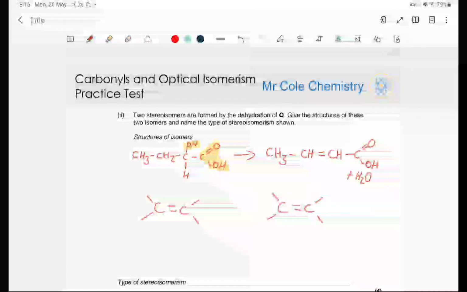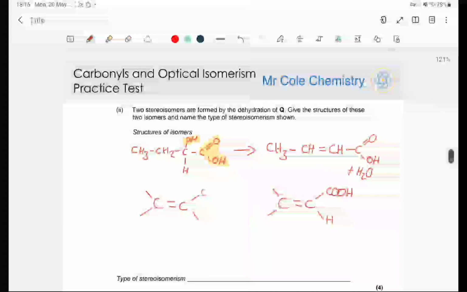They both need to still be that molecule at the top, but they are going to be different ways round. I'm going to draw both of them simultaneously. So we've got the right-hand side of our molecule to the right of the double bond, and now we need to do the left-hand side of the molecule. So that's one, but then we need to have it drawn the other way around, so we end up with that. And there are our 2 isomers.